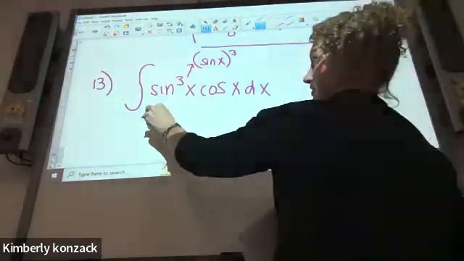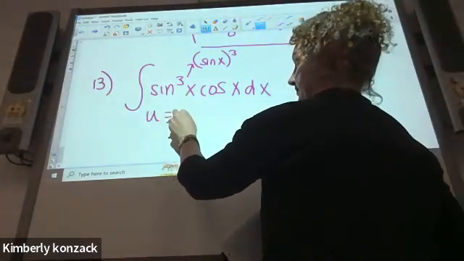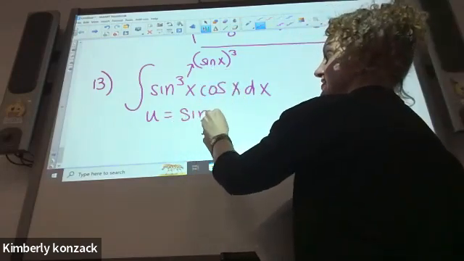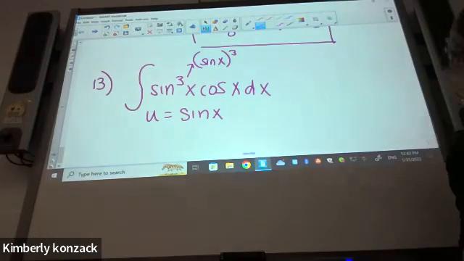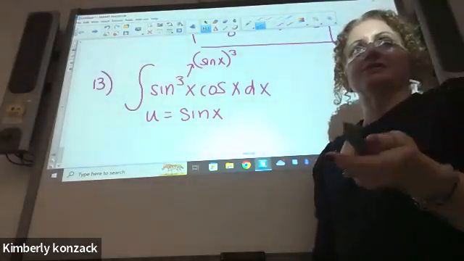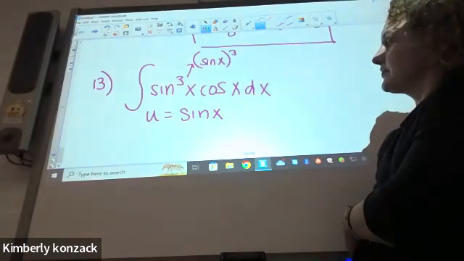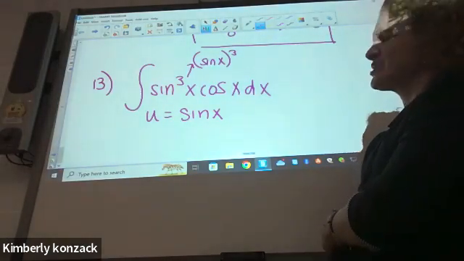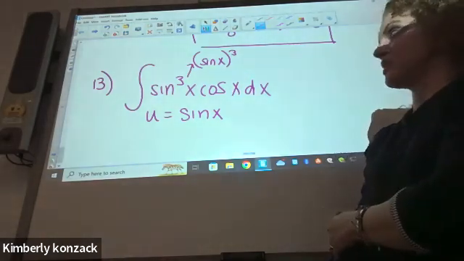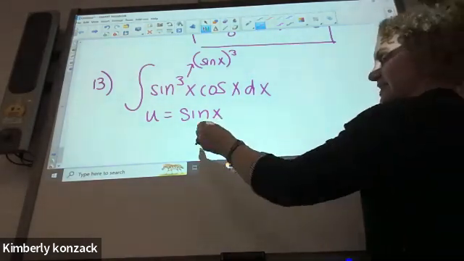If you do sine x cubed, it becomes even worse. When you're first learning these, sometimes you have to play around with it to see what works better.